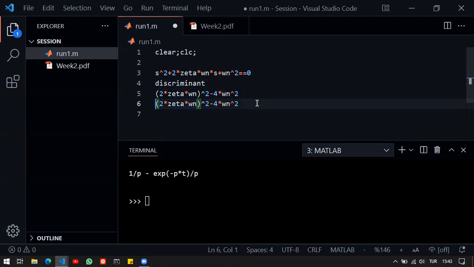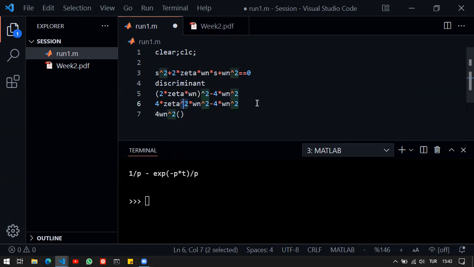So if we work our way, the following equation will show up. Now, here we have also common terms. So 4 omega n squared is the common term here.